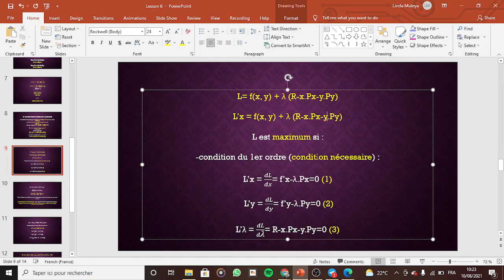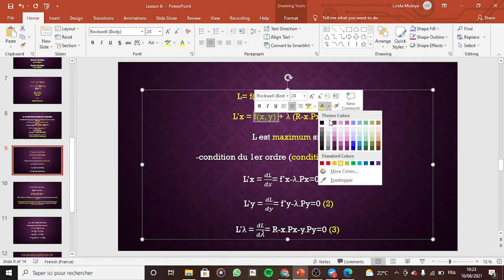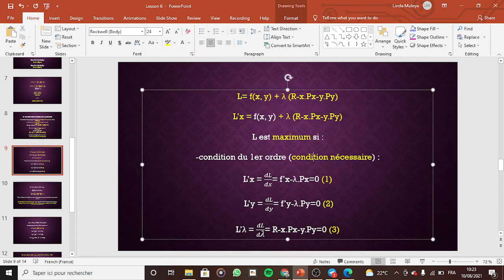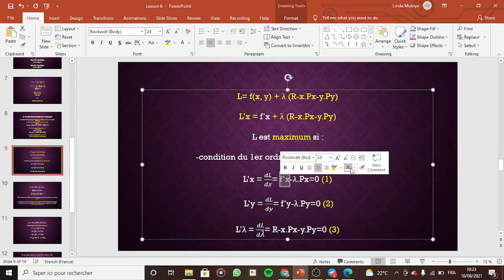So first thing to look at is these first values here. Put them in white. Since we'll be differentiating in terms of x, we'll eliminate the y. Y has nothing to do here. There's no way that it's involved. It becomes f prime of x because we're differentiating in terms of x, which is what we have in the first equation here.